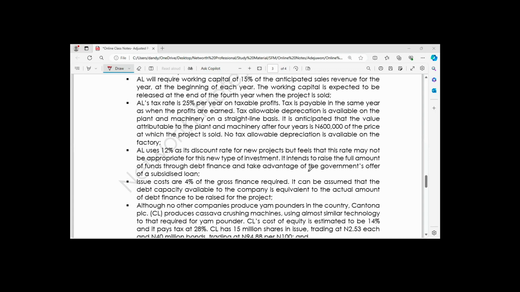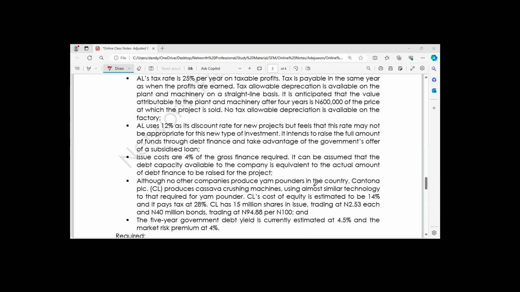Although no other companies produce yam powders in the country, Cantona PLC, CL, produces cassava crushing machines using almost similar technology to that required for yam powders. CL's cost of equity is estimated to be 14% and it pays tax at 28%.